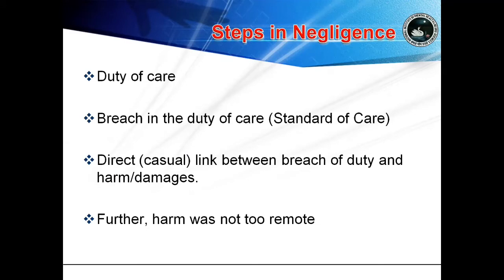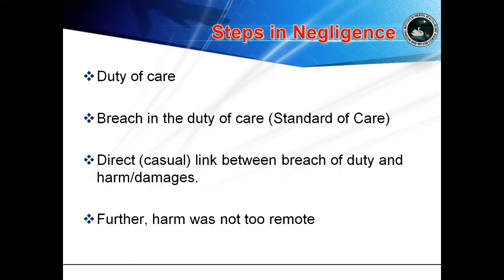So how do we go ahead with understanding negligence? See, negligence has four important steps. First one is duty of care. Second, breach in the duty of care. That means I have either done something wrong, committed something, or omitted something which I am supposed to do. That is breach of duty.